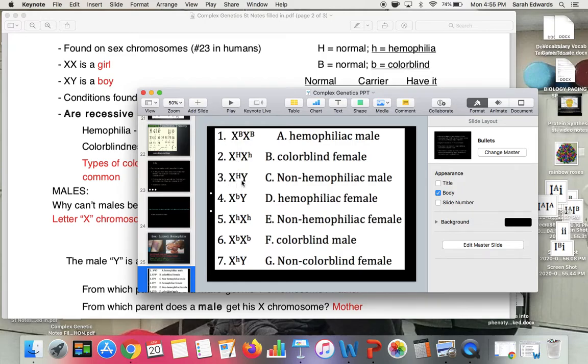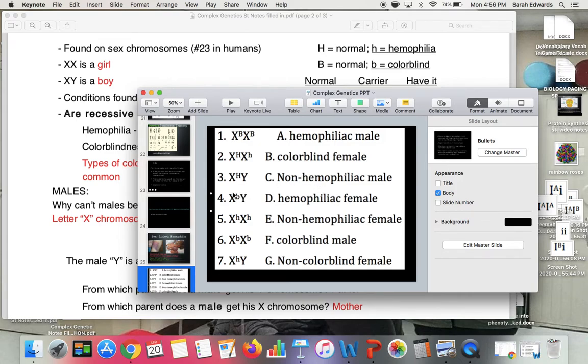What about this person? Is this a guy or a girl, first of all? And hopefully you thought guy, because XY, that's a boy. Capital H, is he normal or is he hemophiliac? He's going to be a non-hemophiliac male right there. So X big H Y, that's a non-hemophiliac male, normal.